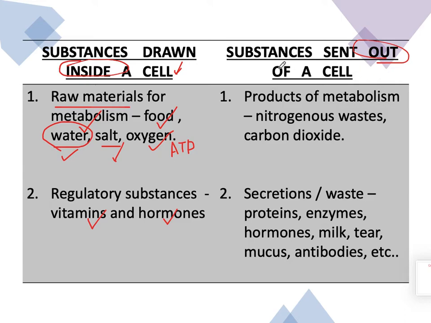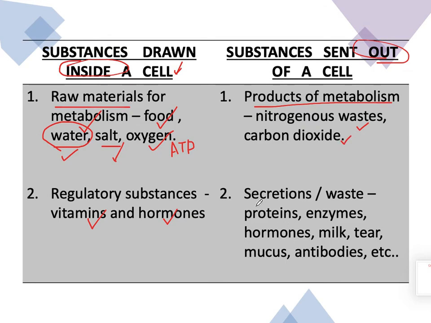Alright, now we'll talk about substances which need to go out of the cell. These can be products of metabolism, like all that metabolism which was happening here will result in a product and byproduct. All those wastes which are created by metabolism need to go out, like nitrogenous waste, your carbon dioxide, they all need to go out. Okay, so they are free to go.